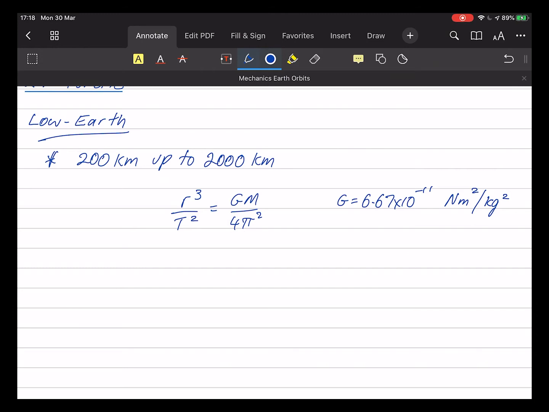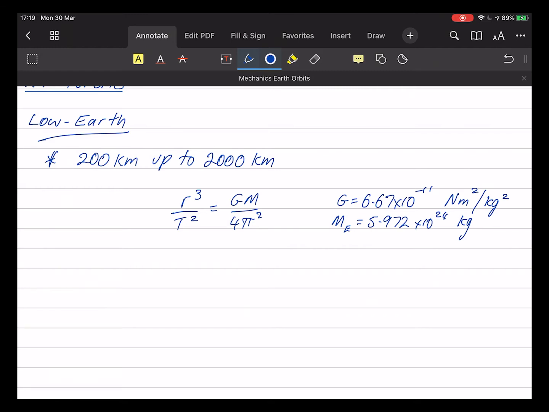Pi, of course, is 3.14159265 and a bit. We're going to need the mass of the Earth, 5.972 by 10 to the 24. Of course, that's kilos. That's not light.